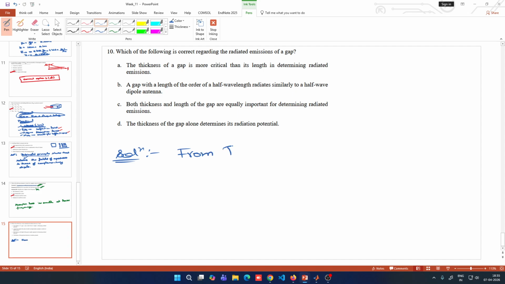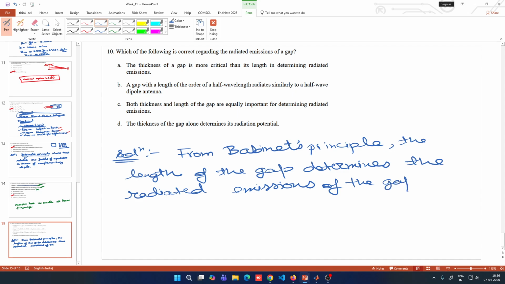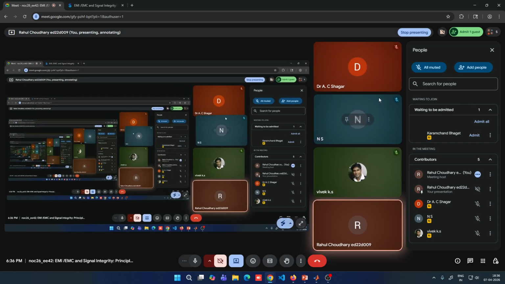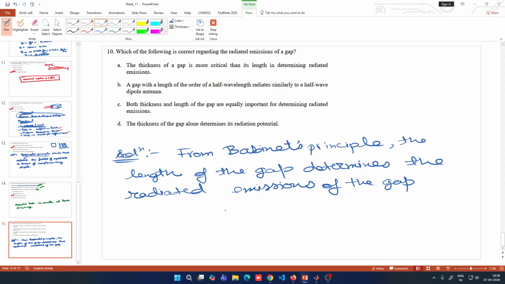From Babinet's principle, the length of the gap determines the radiated emission of the gap.